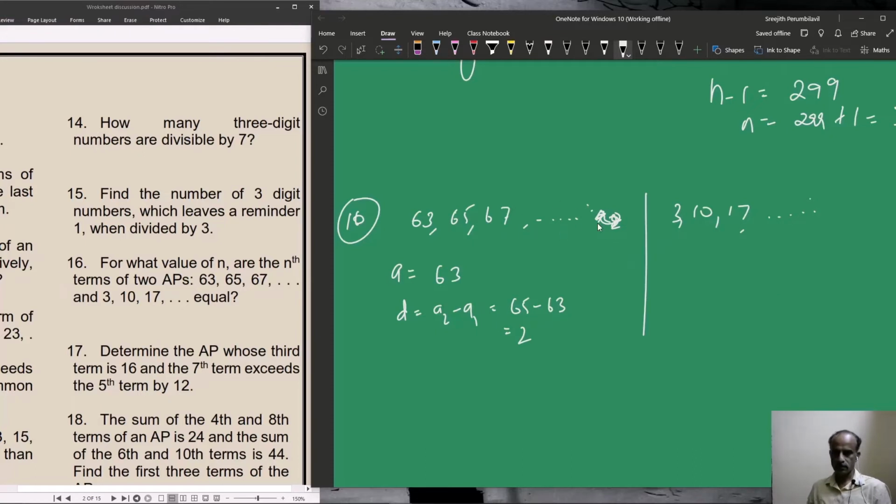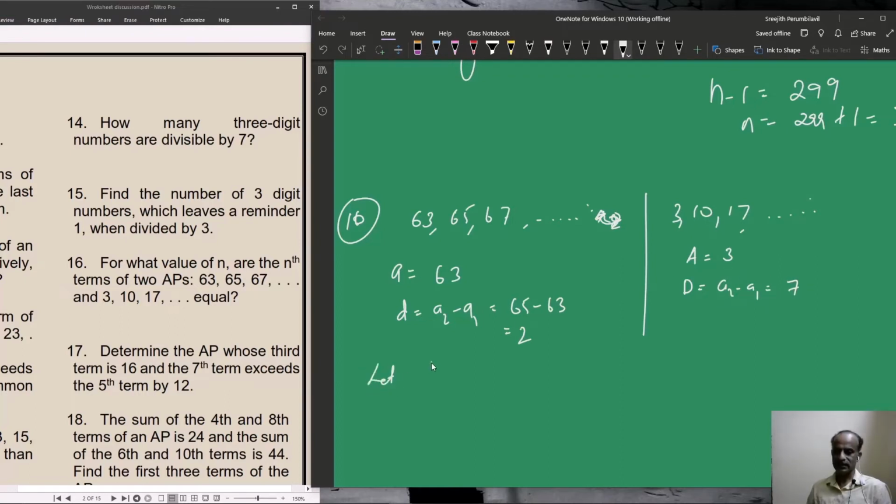Okay, fine, I made a mistake here, so I corrected it: 63, 65, 67, etc. It's increasing, not decreasing. Okay, and here, when you look, I take the first term as capital A, which is 3, and D is equal to A2 minus A1, that is equal to 7.